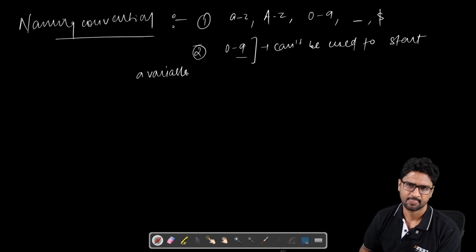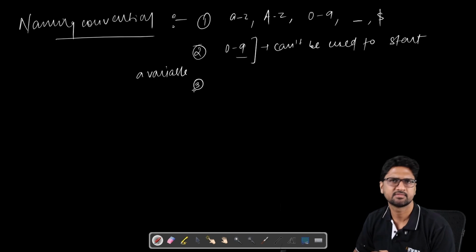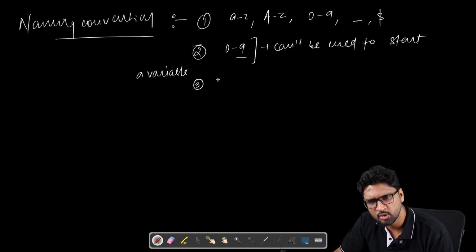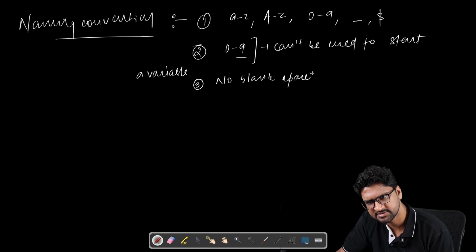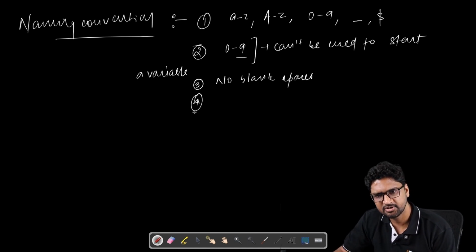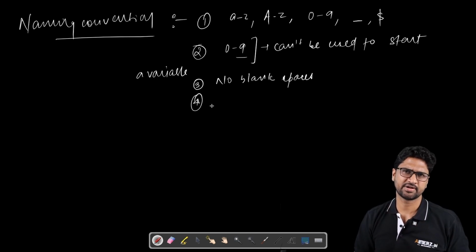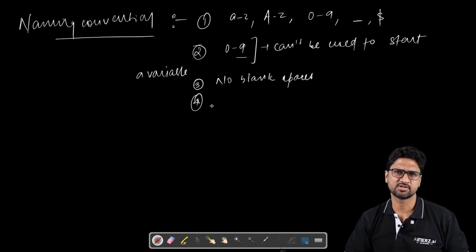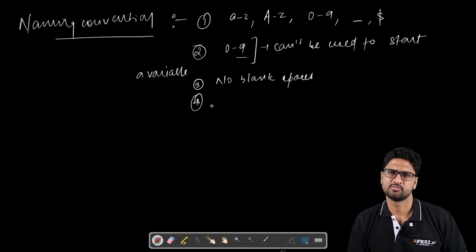That's number two. The third point says that in the variable name there can be no blank spaces. The fourth says that in a variable name you cannot use fixed keywords. For example, as we move further, we'll see concepts like if, for, while.